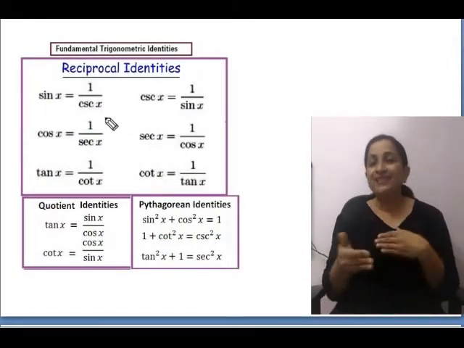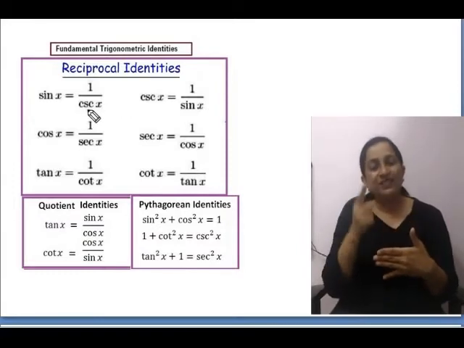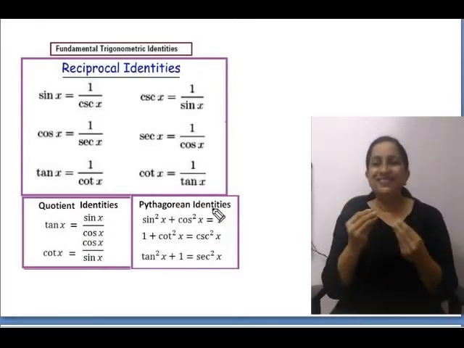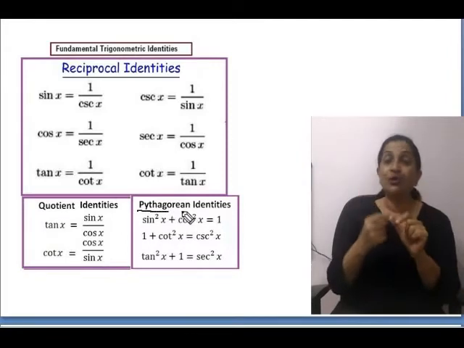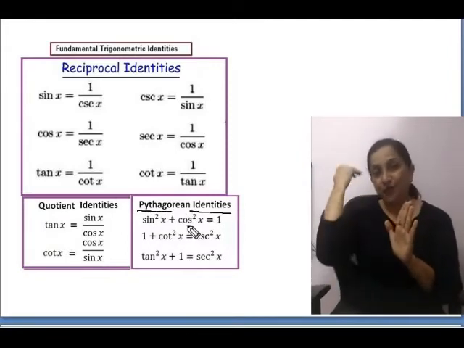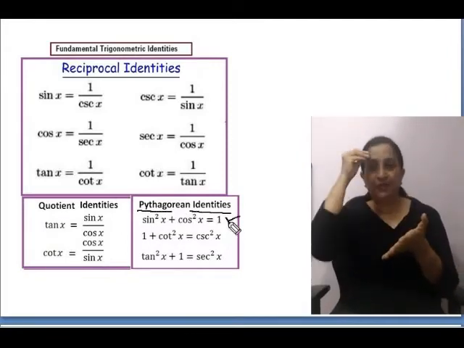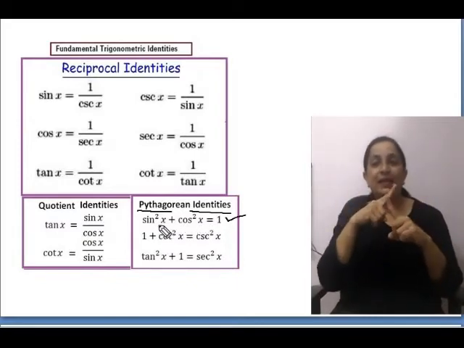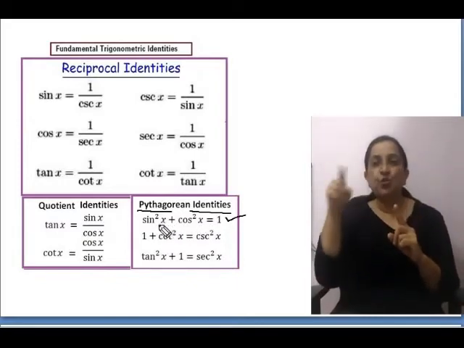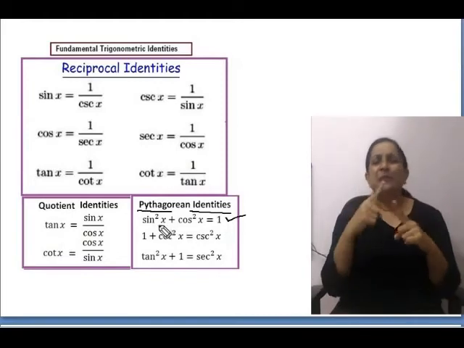Next one, you must remember some of the Pythagorean identities which you have learned even at SSC level. Most popular one is sin squared theta plus cos squared theta is equal to 1. It can be theta, it can be x, it can be a, don't worry. All mean the same.